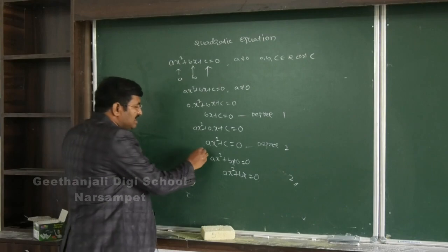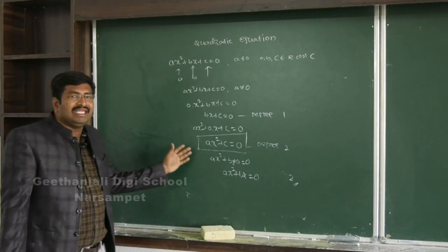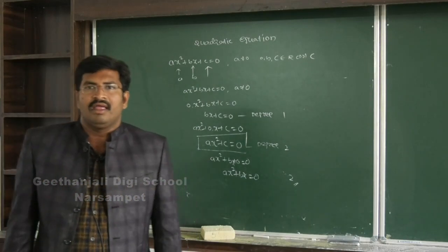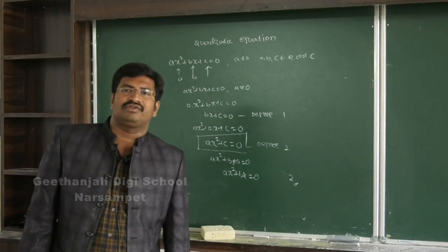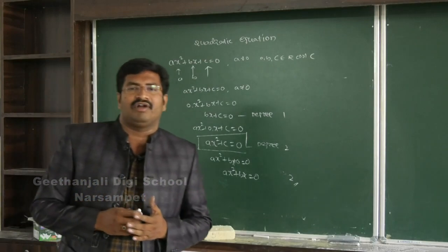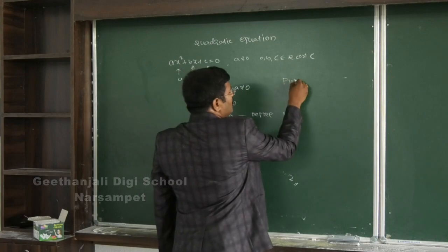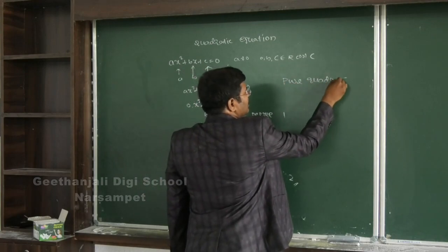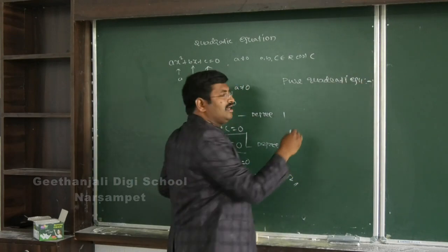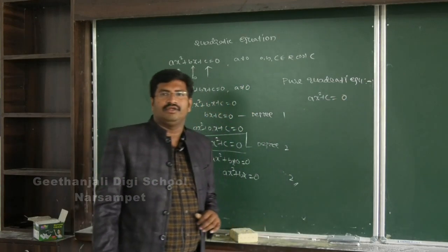If the equation is in the form of ax square plus c is equal to 0, then it is called a pure quadratic equation. The general form of the pure quadratic equation is ax square plus c is equal to 0.